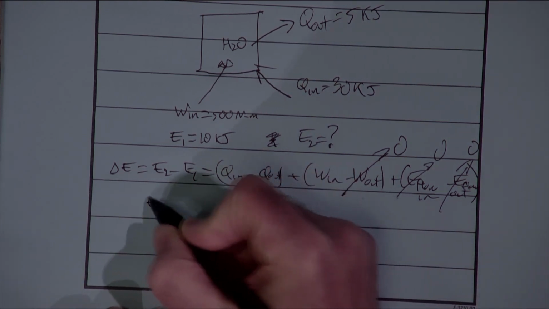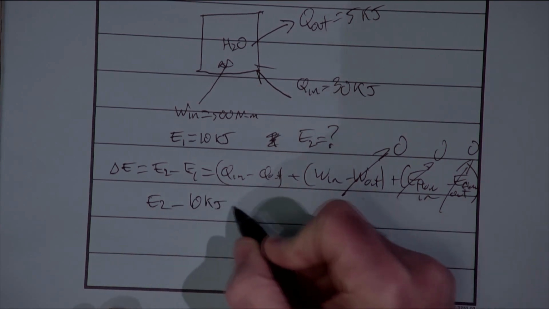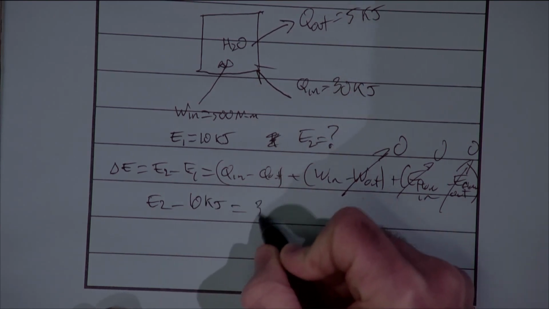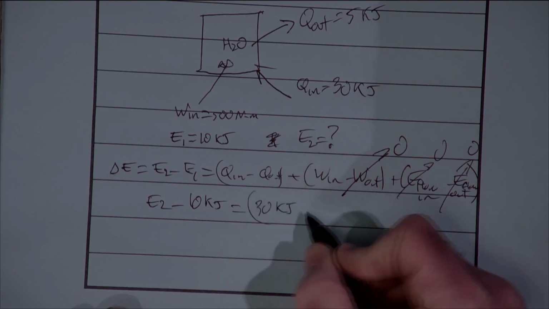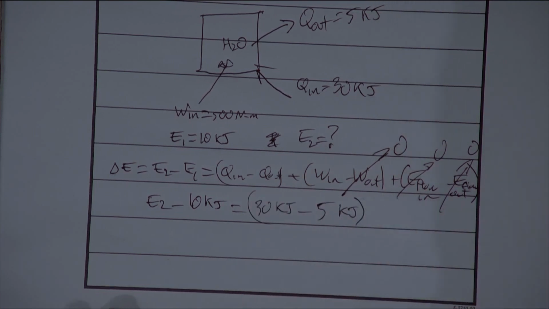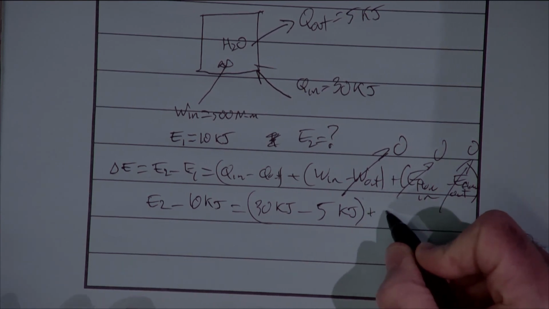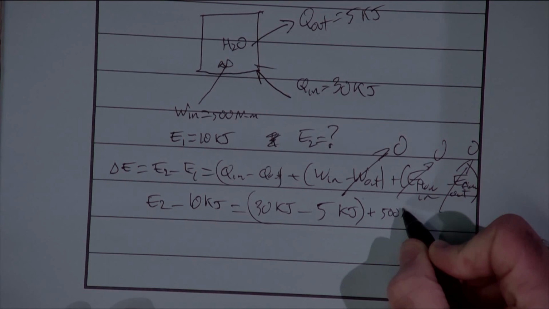So E2 is my unknown. E1 is 10 kilojoules, so minus 10 kilojoules. Q in is 30 kilojoules minus the heat out, which is minus 5 kilojoules. And then the work in is 500 Newton meters.